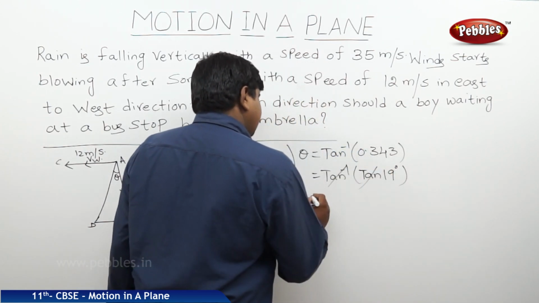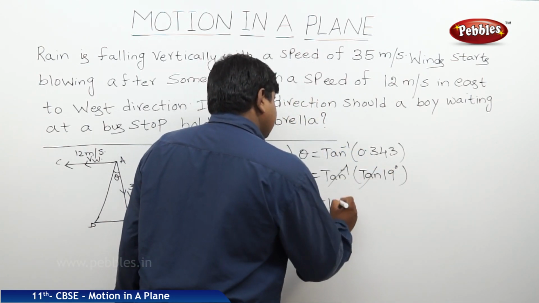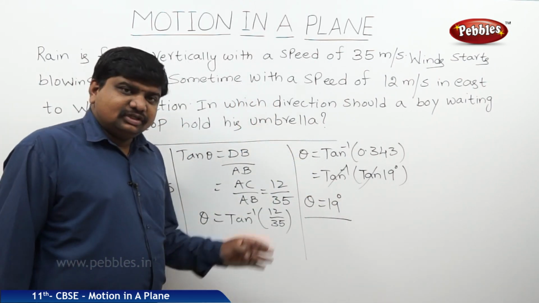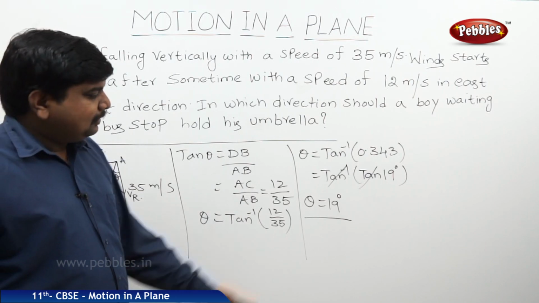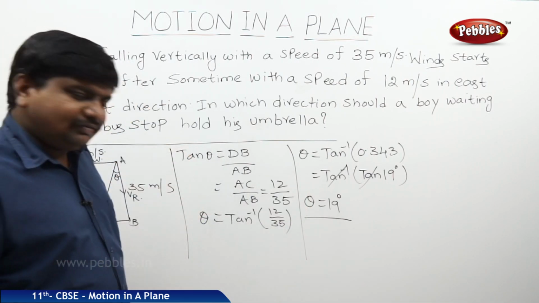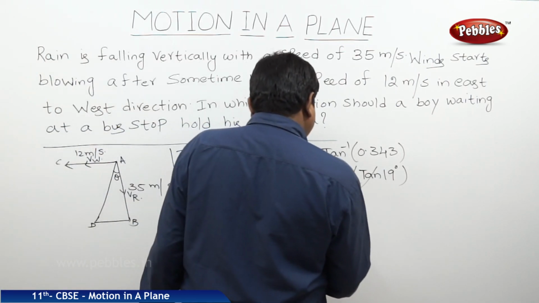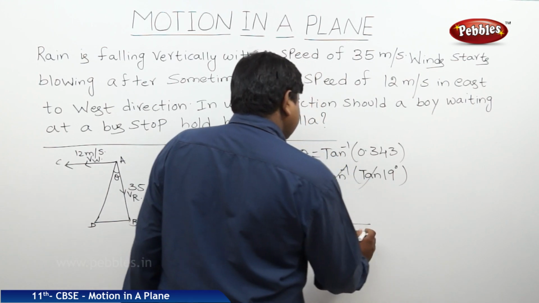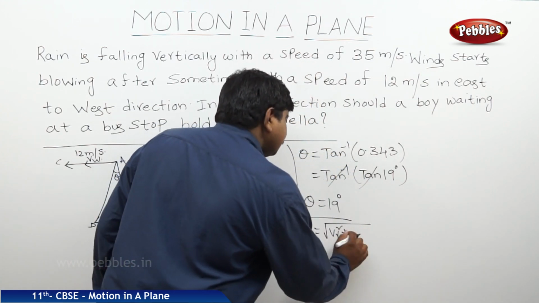Tan and inverse get cancelled, therefore theta is equal to 90 degrees. So the boy waiting at a bus stop should hold the umbrella with an angle theta. Then what is the resultant of the velocity? V is equal to square root of VR square plus VW square.